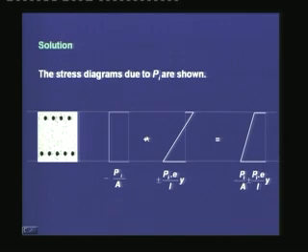Now, under this prestressing force, the stress diagrams are: there is a uniform compression if we consider the prestressing force acting at the CGC, plus there is a varying stress because of the eccentricity of the CGS from the CGC.